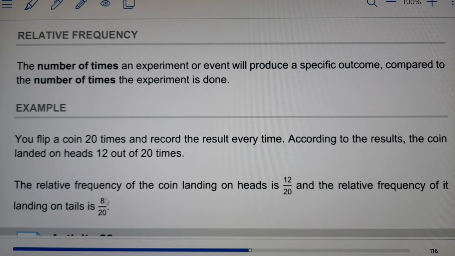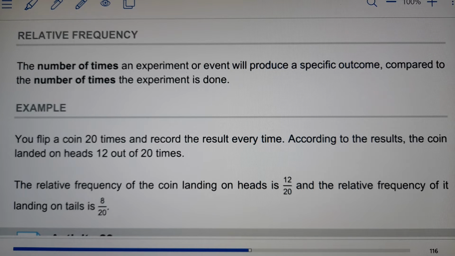How do we get 8? Because we know that we got heads 12 out of 20 times, which means the remaining part, which is 8, is the tails. So that is the relative frequency, the number of times for favorable outcomes compared to the number of times the experiment is done.